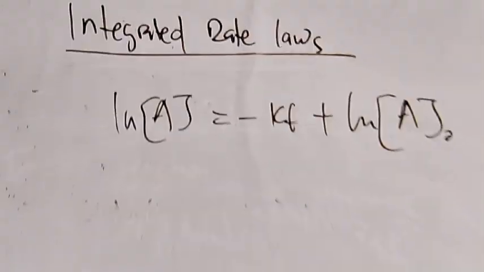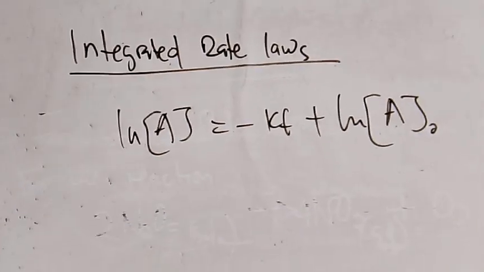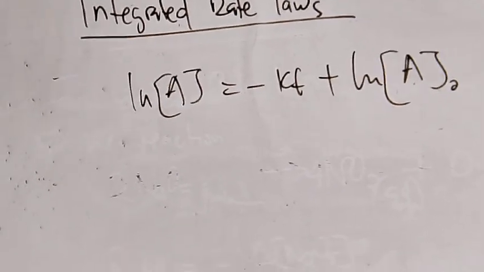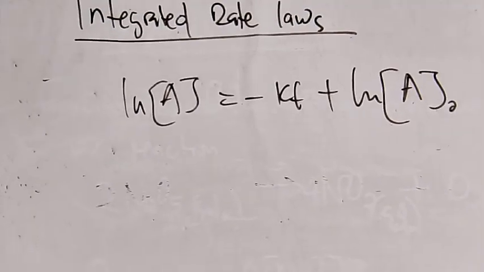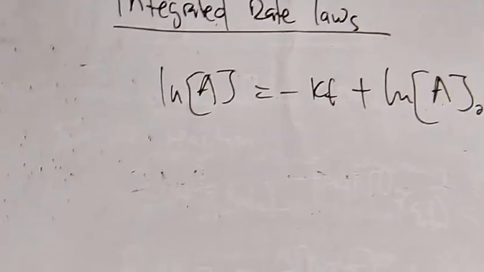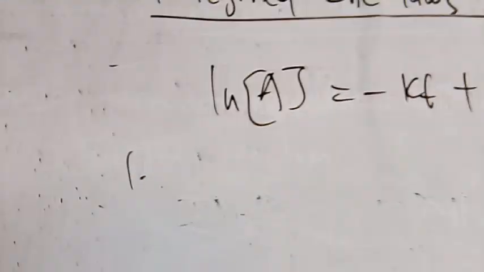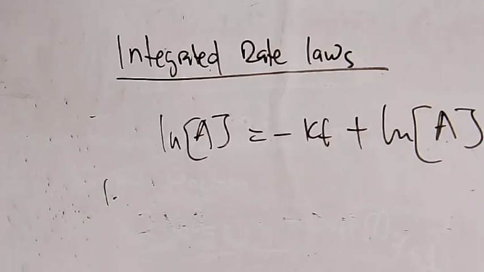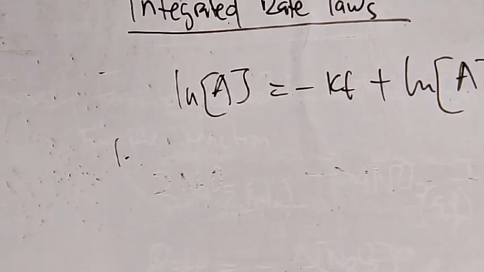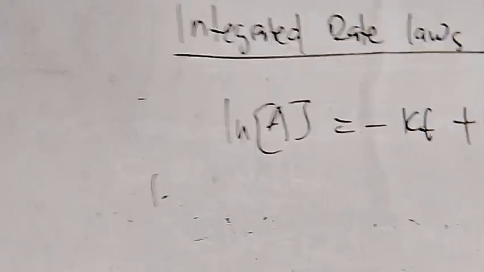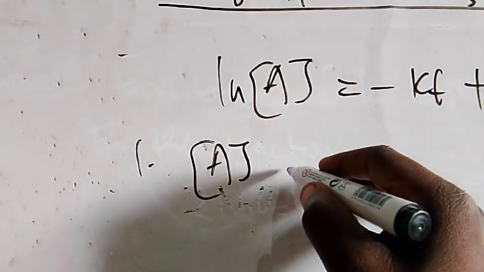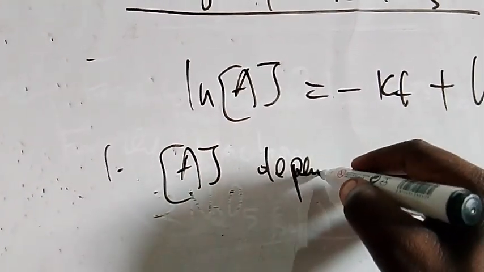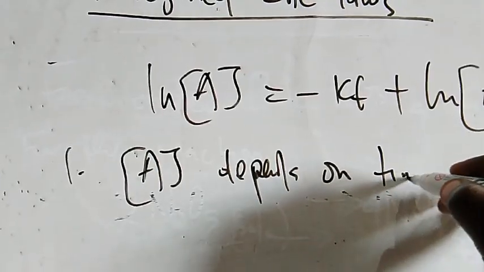The first one is that the equation shows how the concentration of A depends on time.